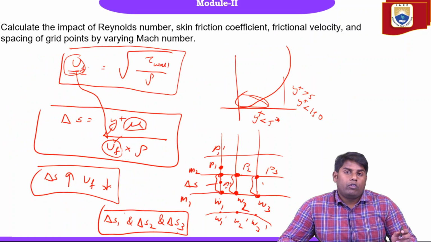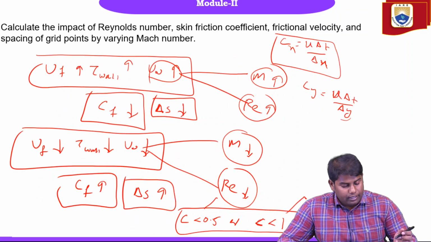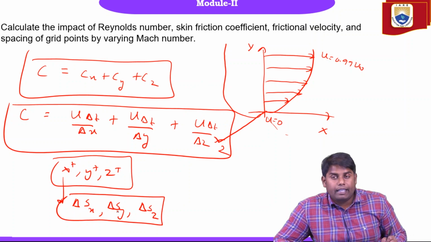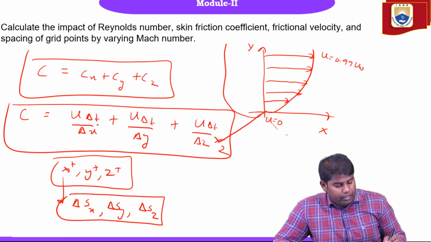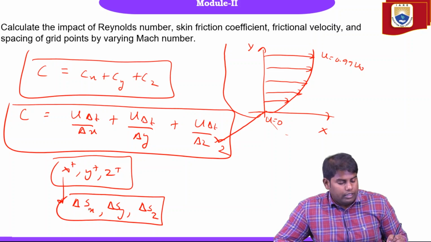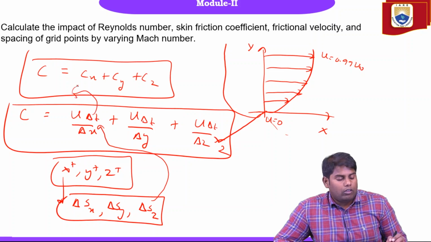So when you want to see a full 3D, we have delta sx, delta sy, delta sz. Here again you have to calculate the value of y plus and the value of tau wall along the x, y, z axes and get the values of delta sx, delta sy, delta sz. Okay, this has an impact on the Courant number, which in turn has an impact on stability.